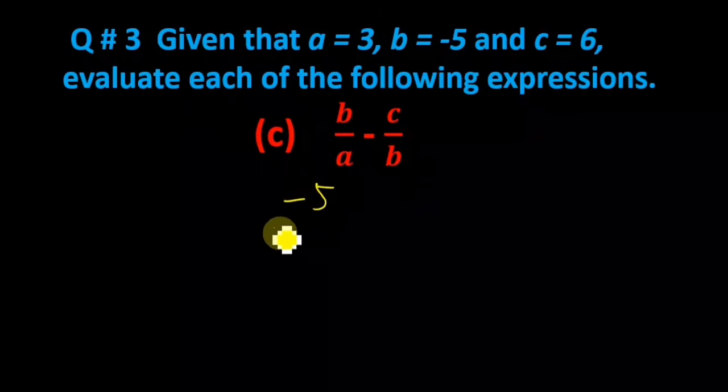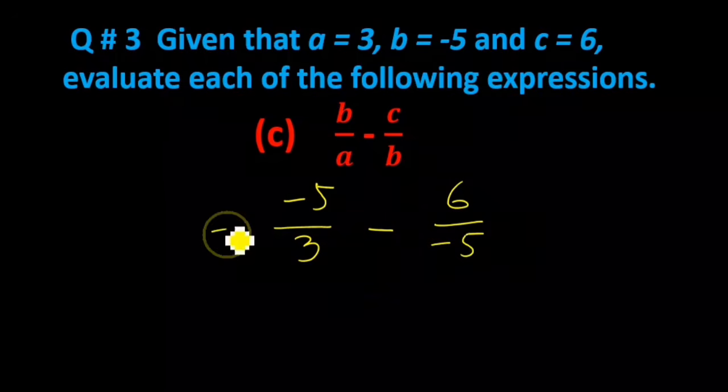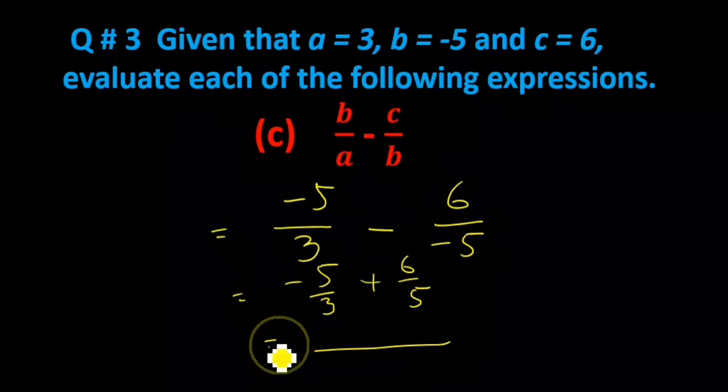Okay, now part C of this question. Again the values of a, b, c remain the same, but the expression is in fraction form, b over a minus c over a. So we replace the values of the variables, that is minus 5 over 3 minus 6 over 5. So now minus 5 over 3 minus minus plus 6 over 5.